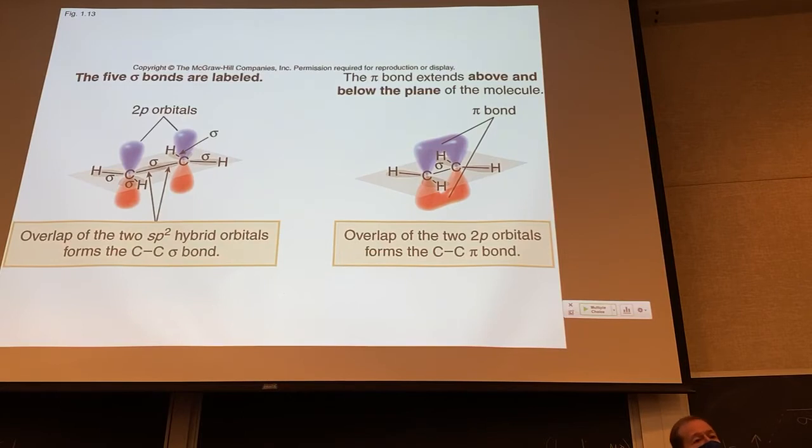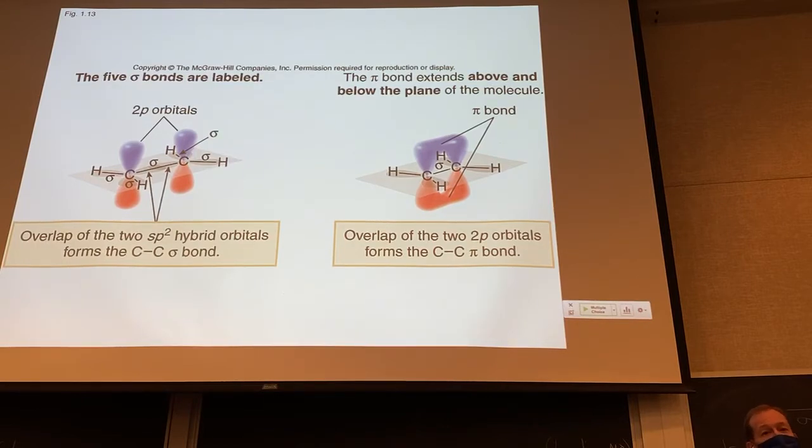Now, if those p orbitals are lined up with each other, if they're coplanar, parallel with each other, they can overlap not in an end-on-end fashion, like when we form a sigma bond, but in a side-on, side-to-side fashion, to form what is known as a pi bond. Okay?